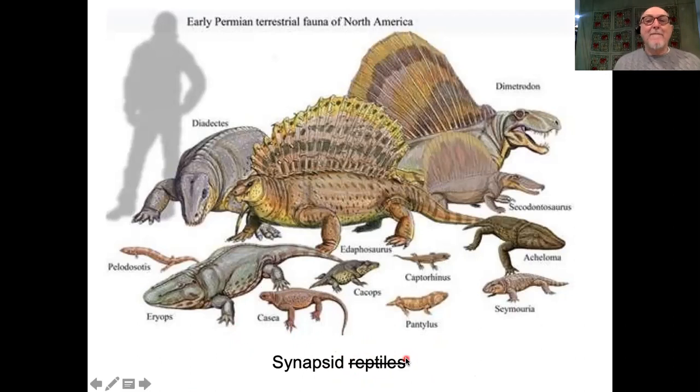They used to be called the mammal-like reptiles. I put a line through this just to be in accord with your textbook and with current thinking, but these are not, despite what they look like, these are not true reptiles. They have many, many reptilian features, but they are not true reptiles.